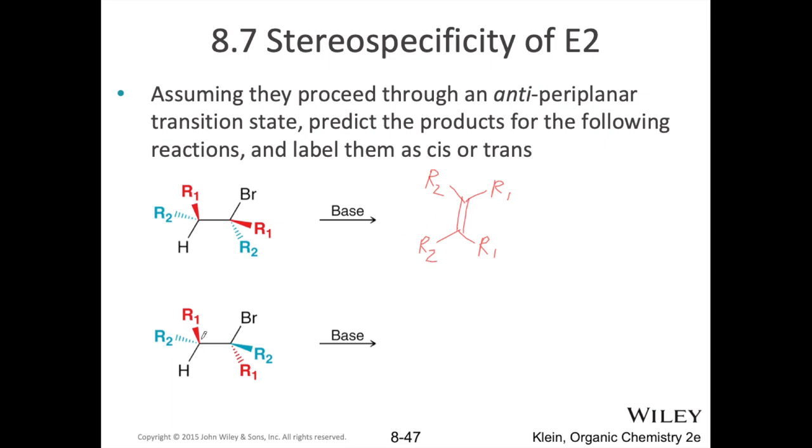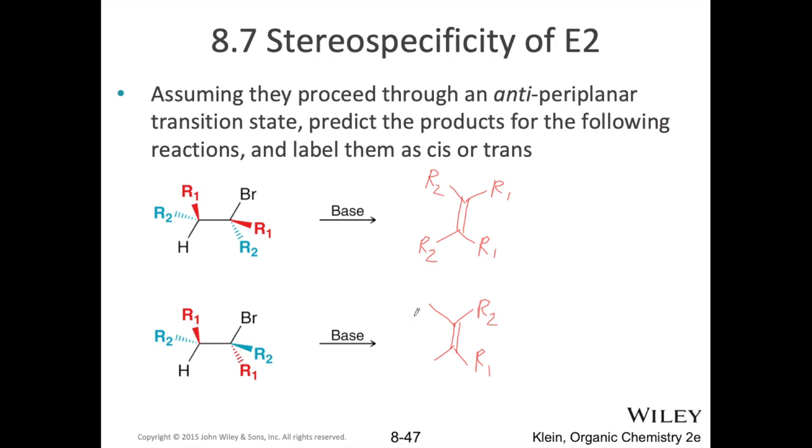Okay, here you can see that we've got our anti-coplanar geometry or anti-periplanar, and here R1 on the bottom carbon is to my right, and R2 on the top carbon is to my right. So it would look like this. Okay, so those groups that are pointing towards me are R2 and R1, and on the left of me, so if I'm looking down here, and this is my top carbon, like my head's pointing this way, this is my top carbon, that's my bottom carbon.